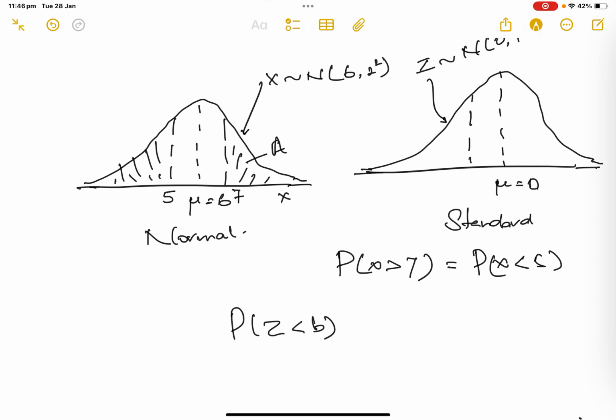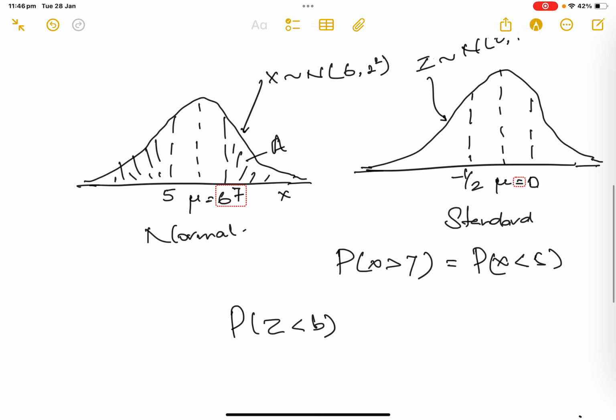The reason it's half: the standard deviation is 2, so 6 minus 2 is 4, which is one standard deviation, and on the other side going up one standard deviation it would be plus 1.